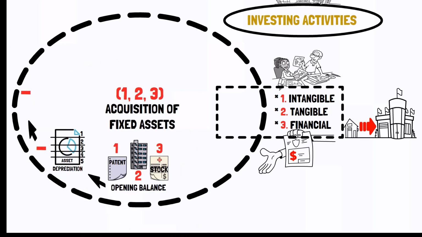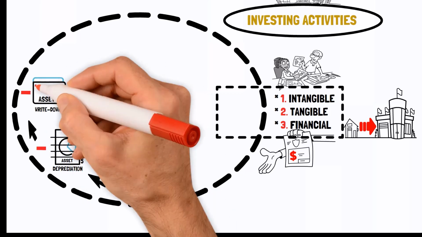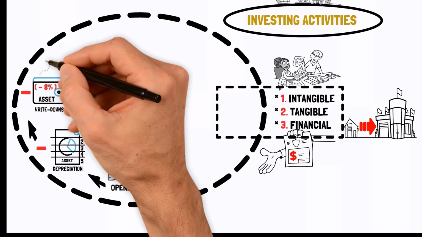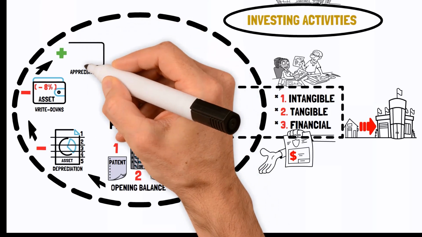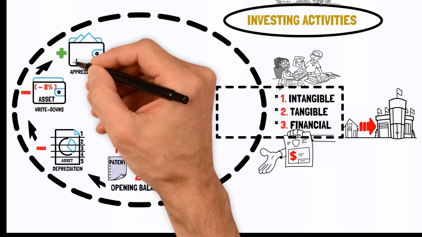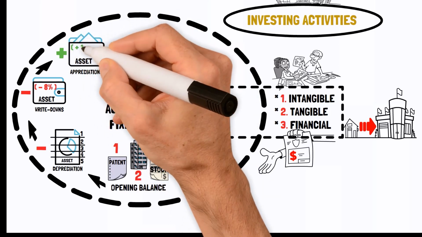After that, remove any potential write-downs. It happens when assets, their acquisition costs, are revalued with a negative amount. Add potential appreciations or increases in assets value by revaluation, if such a revaluation has been made.